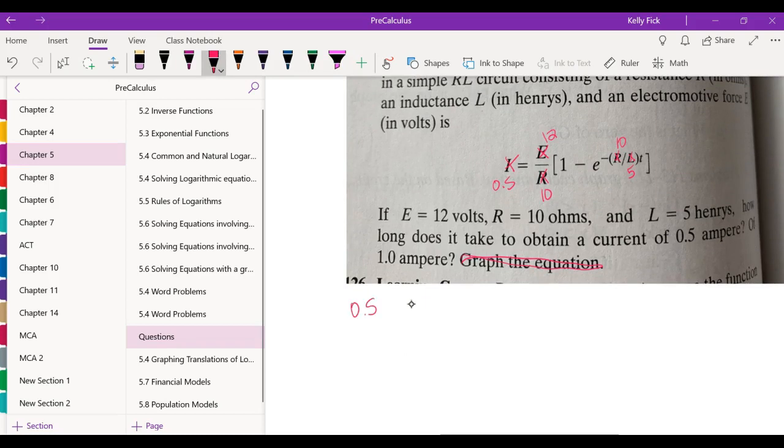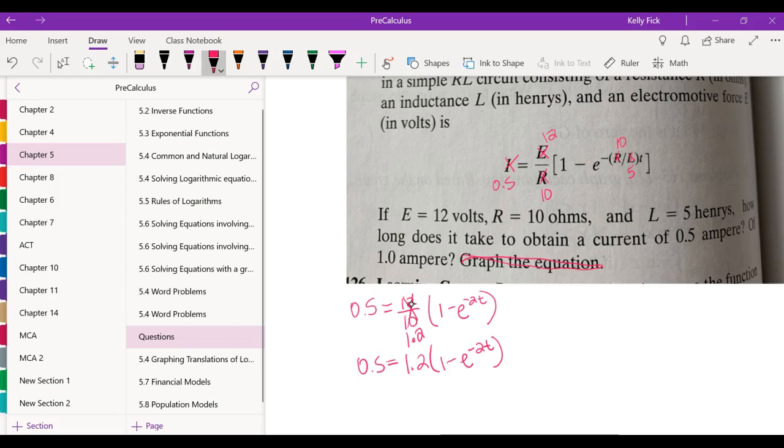So I have 0.5 equals 12 divided by 10, bracket 1 minus E to the 10 divided by 5, which is 2. So I'm going to change that to negative 2T right away. I just simplified the 10 divided by 5 in the exponent. I'm also going to change 12 divided by 10 to 1.2. So I have 0.5 equals 1.2 times 1 minus E to the negative 2T.